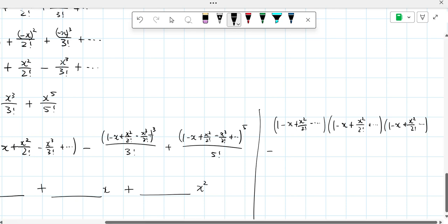What is my first term? I think the first term is just 1, for sure. But then how will I do the second?